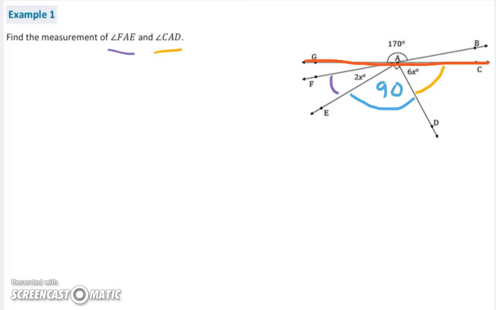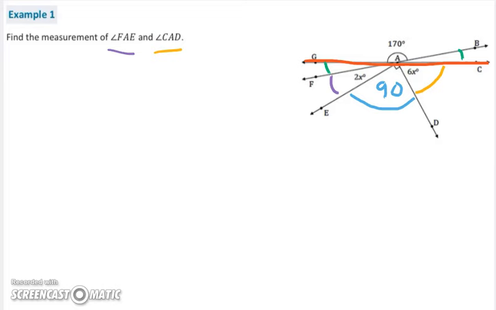Now all we need to make that semicircle is that last little chunk there. But that one's not labeled. But wait, if we know our angle relationships, we could find out what that angle is. Yes, we can see that that little green angle, a little sliver, that little chunk I just made, is vertical to that angle.